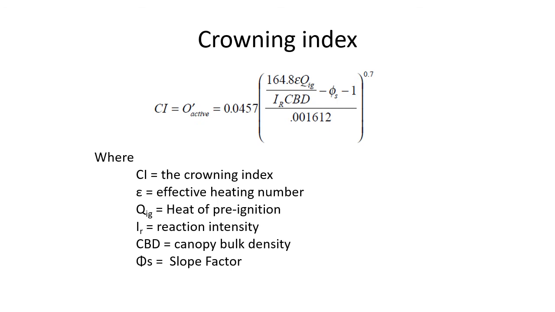So there's our crowning index, and the main idea to take away is just that this is predicting an open wind speed at which active crown fire would be possible based on the parameters of the stand and the particular weather conditions we've assumed.